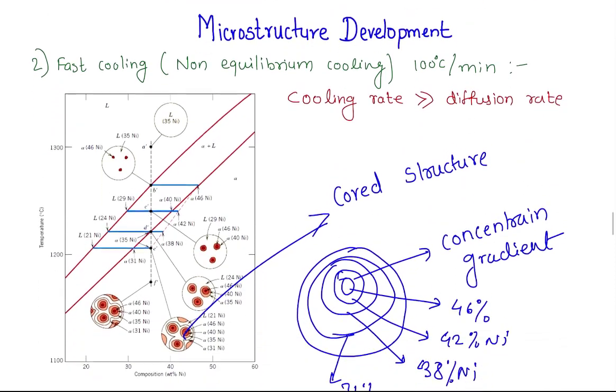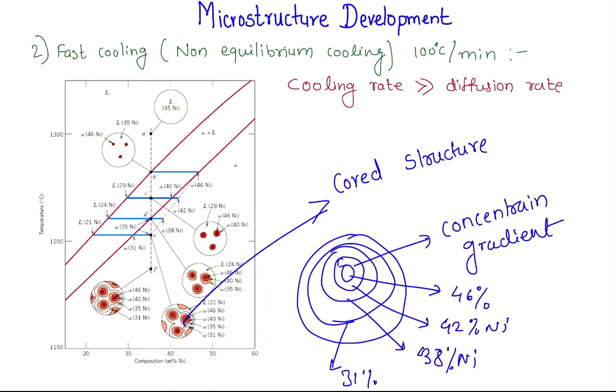In another case, if we cool the sample very fast, that we call non-equilibrium cooling. For example, we cooled here at 100 degrees centigrade per minute. So your sample from 1300 degrees Celsius to 1100 degrees Celsius will come in only 2-3 minutes, right?